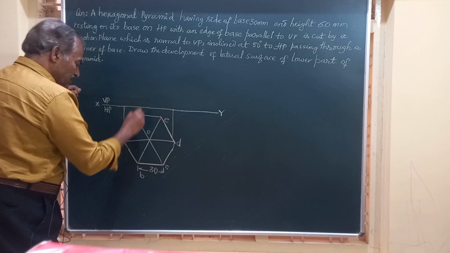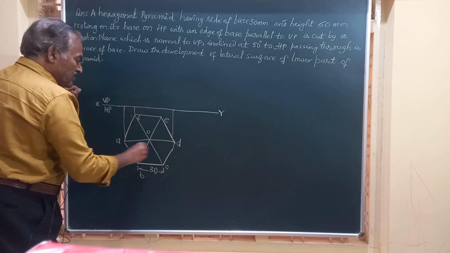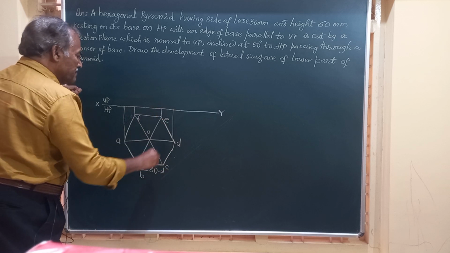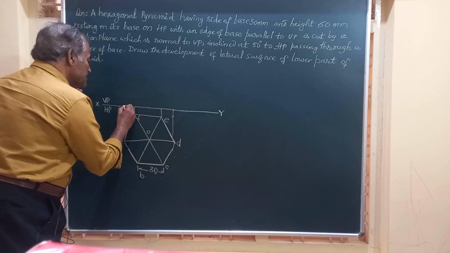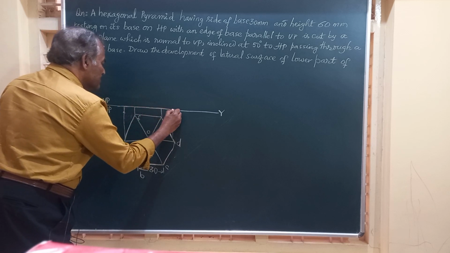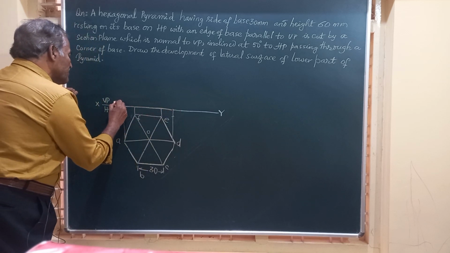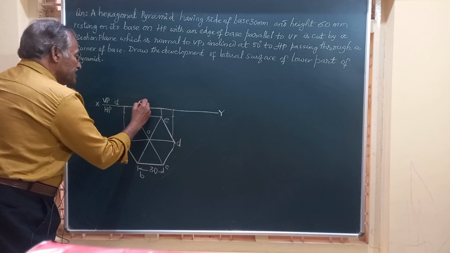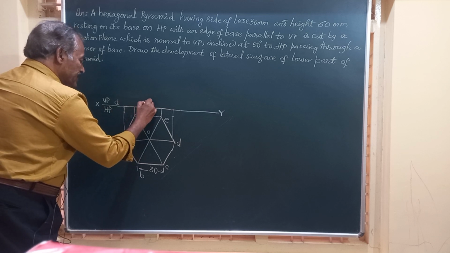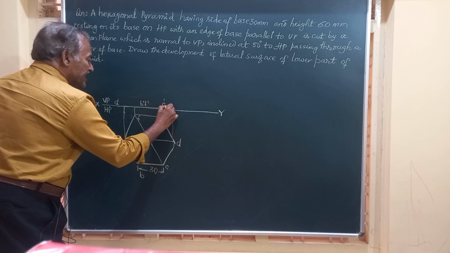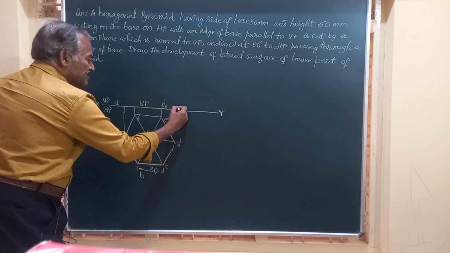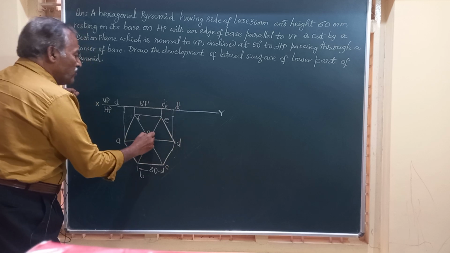On this B and F line, you will get C and E, and if you mark all these on XY, this will represent the base of the solid. This is A dash, this is B dash, F dash, this is C dash, E dash, and the last point is D dash. We have O.